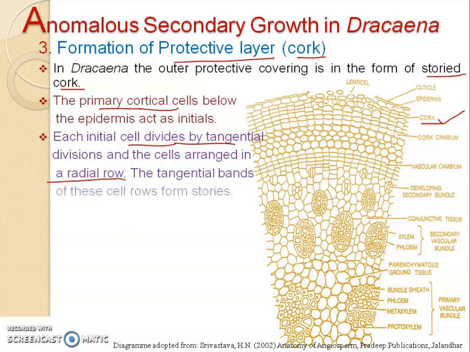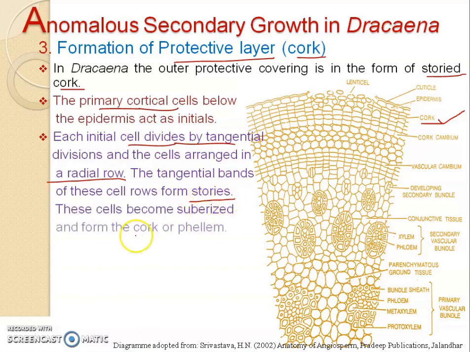The tangential bands of these cells, rows, form stories, and these cells become suberized and form the cork or phellem. After suberization, it becomes hard and forms the cork or the phellem.